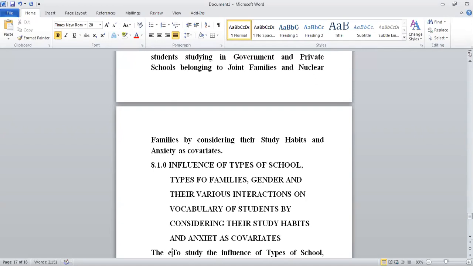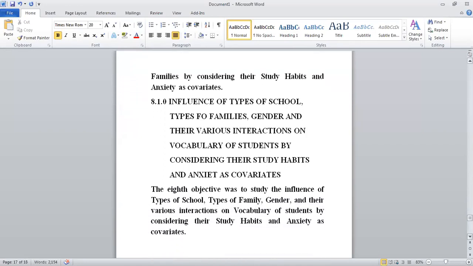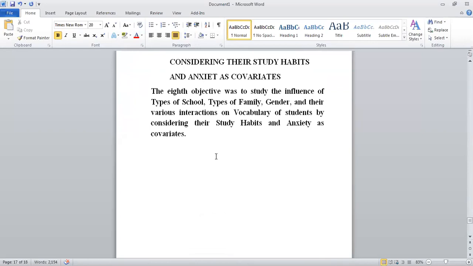The eighth objective was to study the influence of types of school, types of family, gender, and their various interactions on vocabulary of students by considering their study habits and anxiety as covariates.